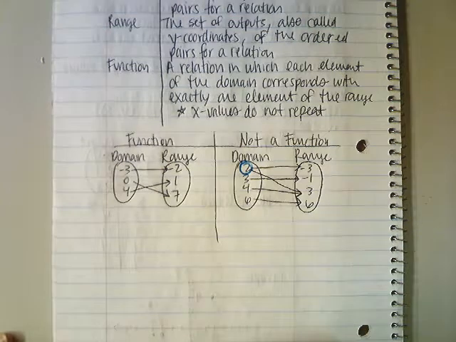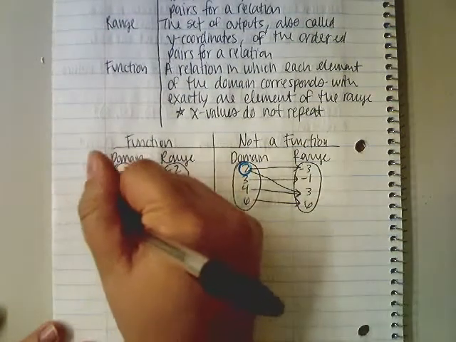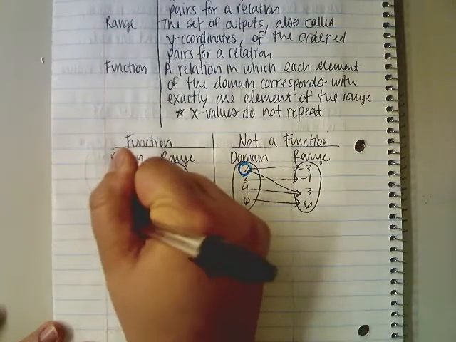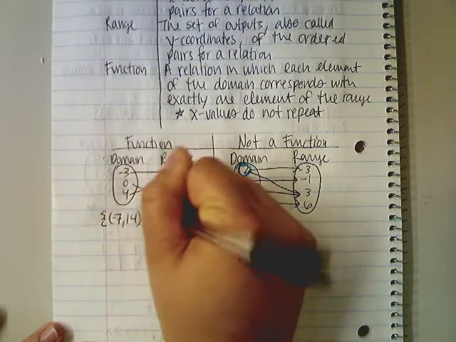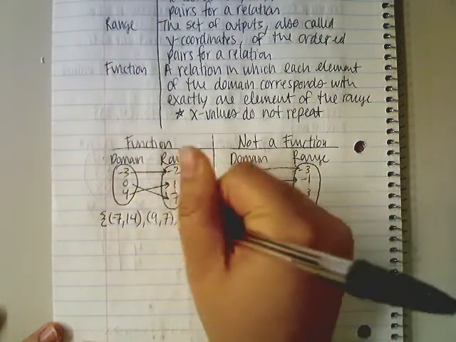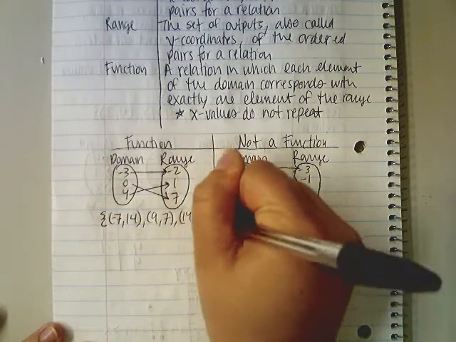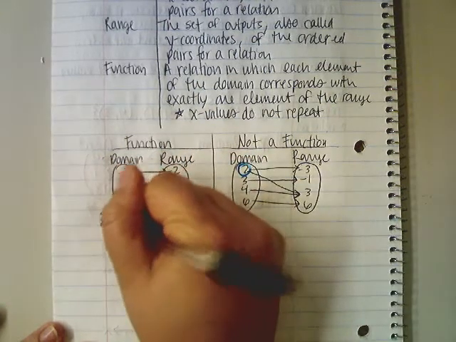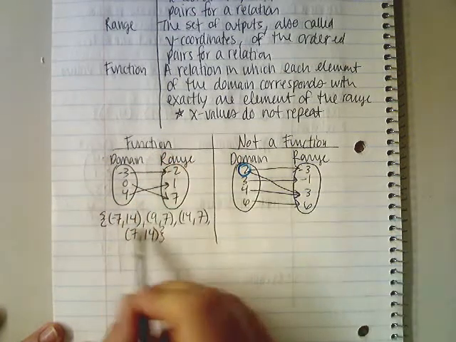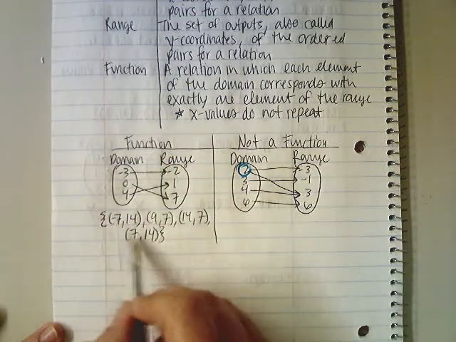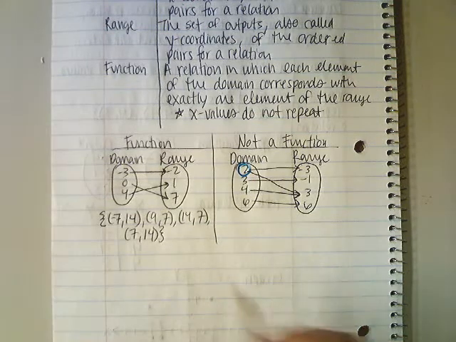All right, so we're getting towards the end here. The same would be true if we saw a set of ordered pairs. So if we had, say, (-7, 14), (9, 7), (14, 7), (7, 14). These are all fine because none of these x values repeat. It's negatives and positives, not the same number, so that's fine.